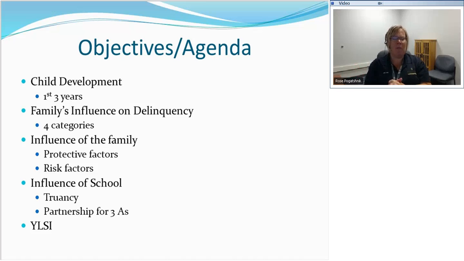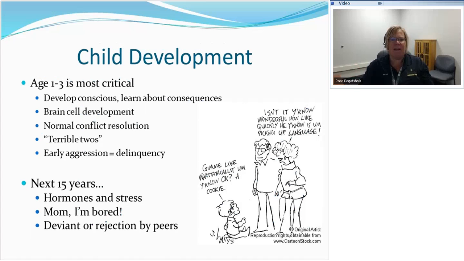And then we're going to focus on the family's influence on delinquency and the school's influence on delinquency. Then lastly, we're going to talk about a risk and needs assessment tool called the YLSI that I get really, really excited about. So let's go ahead and jump right in. That's a pretty hefty agenda, so I want to get moving on it.